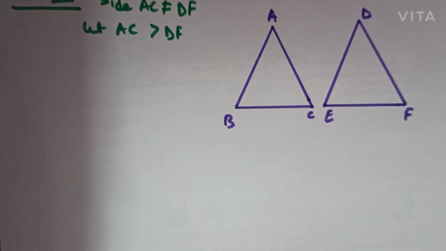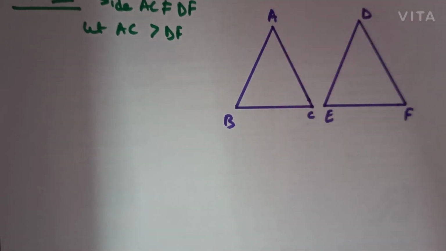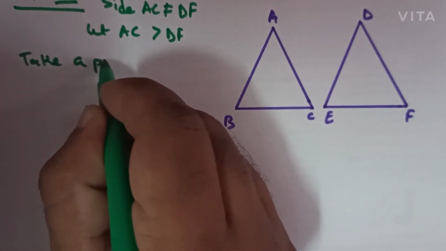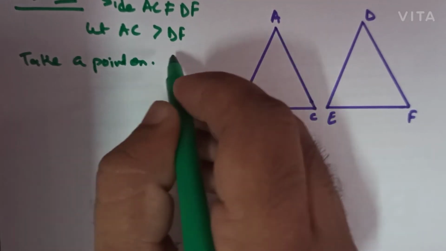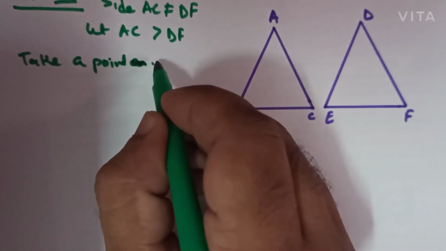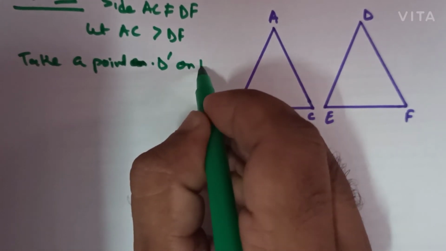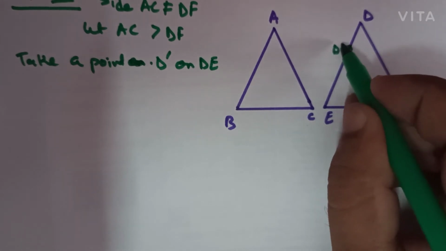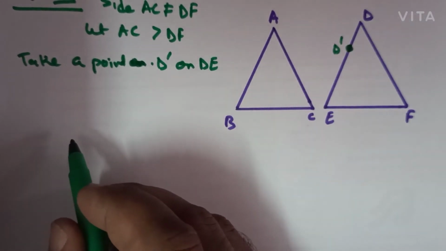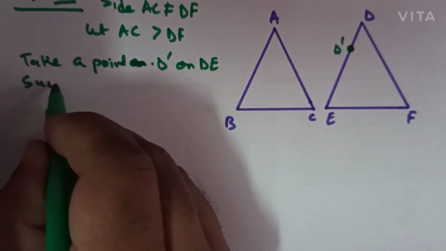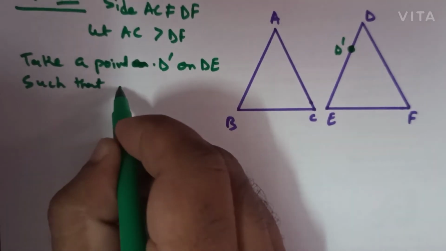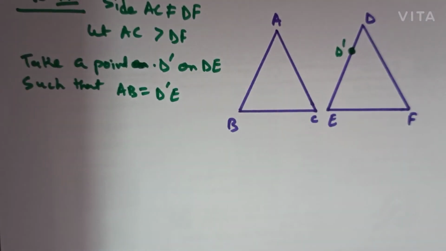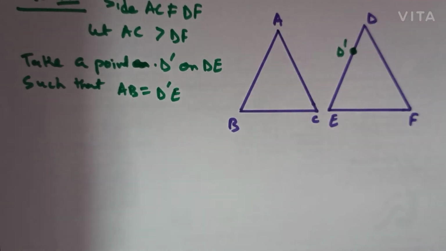We will take a point on DE, name that point D dash, on DE, such that AB becomes equal to D dash E.